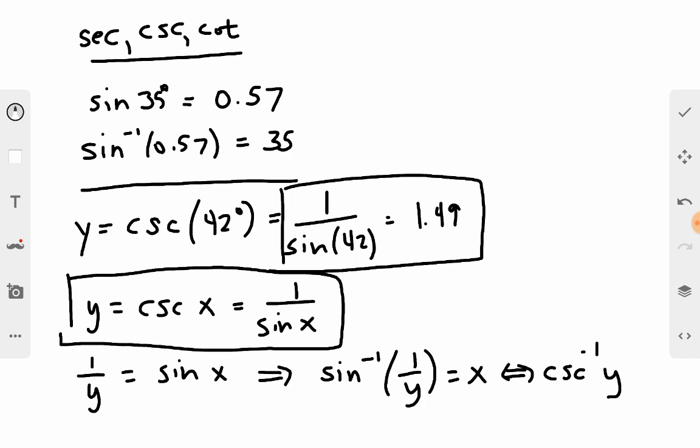So if we invert both sides, we get 1 over y equals sine x. And then if we take the inverse sine and inverse cosecant, we can see that inverse cosecant is the same as doing sine inverse of the reciprocal, 1 over y. Okay, so that's a little bit confusing as x's and y's. Let's see how it actually works.